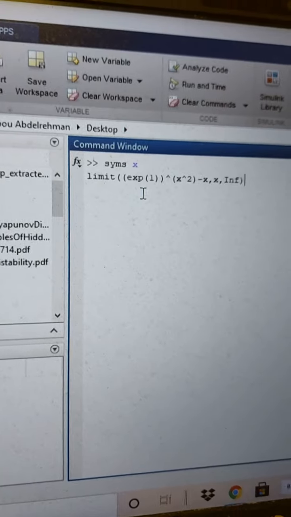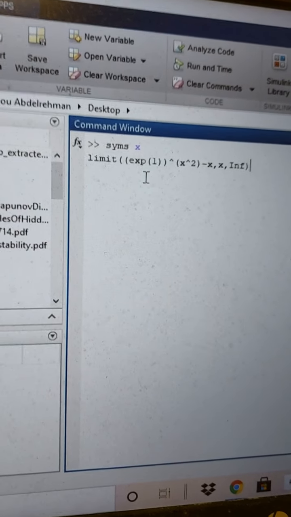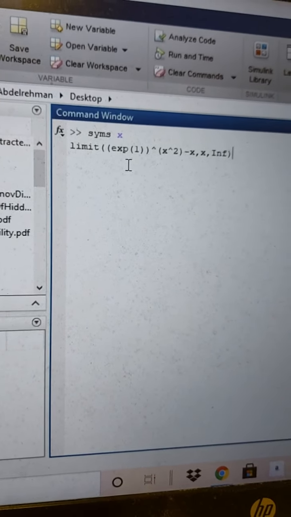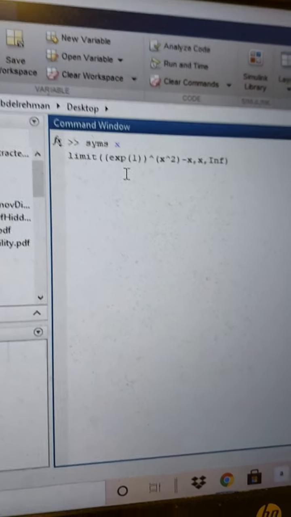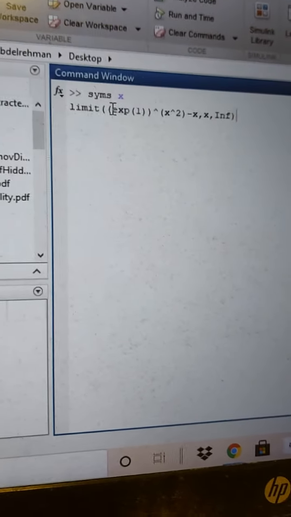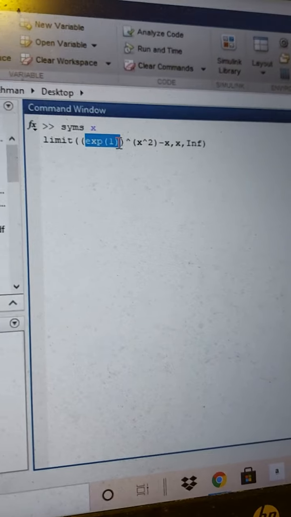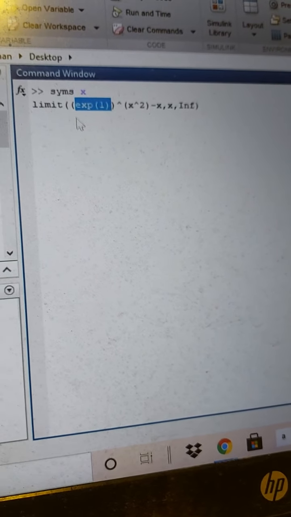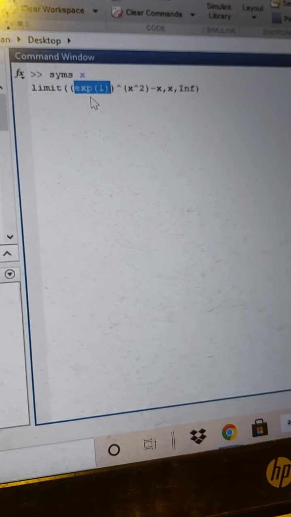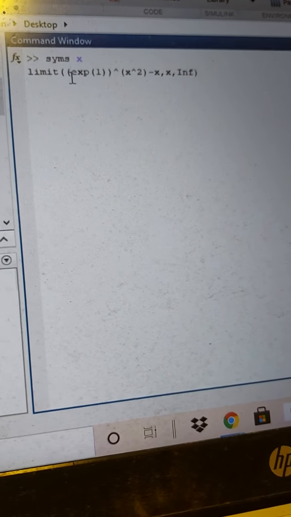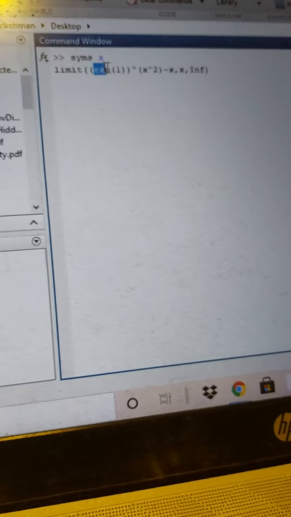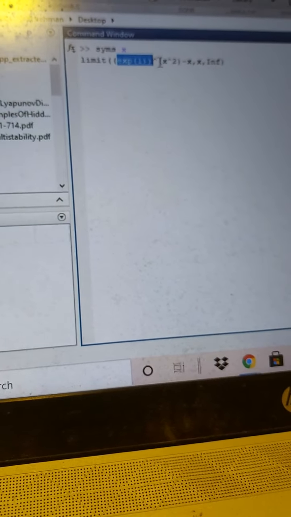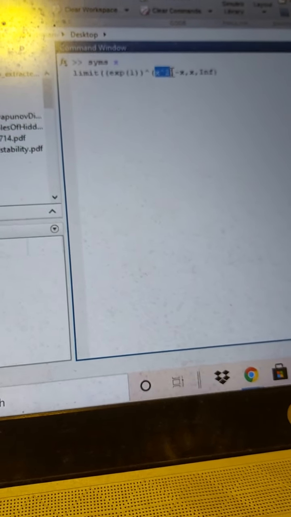This number is an irrational number and can be written in MATLAB as exp(1). This is the number e in MATLAB. So if we need to write e power x squared, we will write exp of x squared like this.